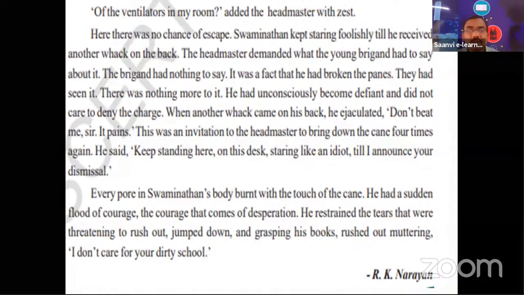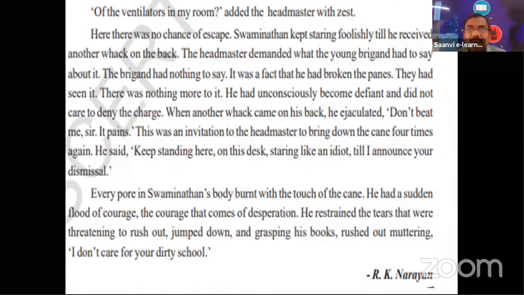The brigand had nothing to say, because there was no chance of escaping. The headmaster understood that he was the one who had broken the window panes, and he had also kept away from the school yesterday. So two mischievous acts were committed by Swaminathan.